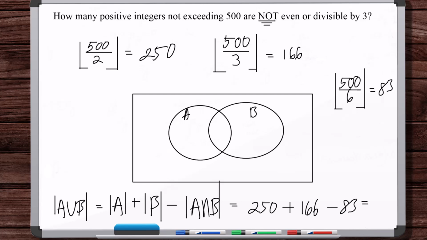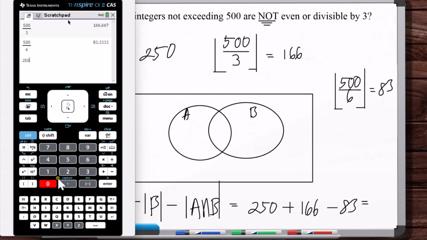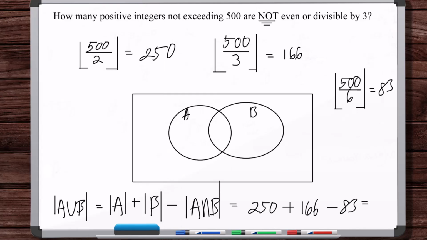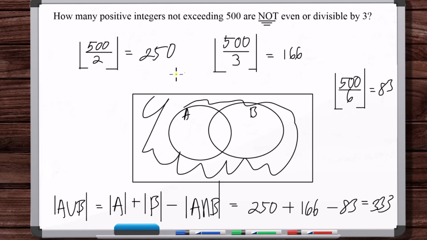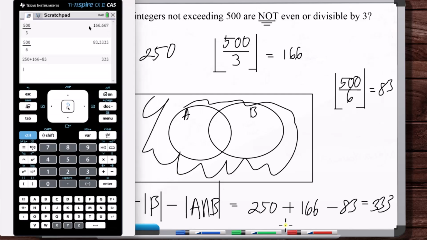So 250 plus 166 minus 83 is 333. But that's not the answer in this case, because that's A union B, and we're trying to solve for the integers that are not divisible. So we want 500 minus 333, which is 167.